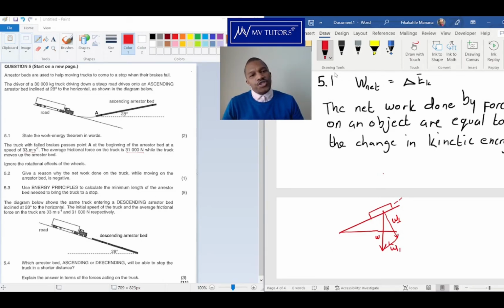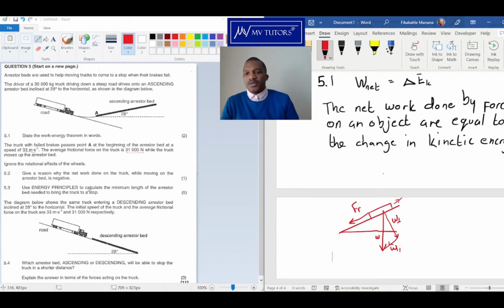Cool. So motion is going up, which means friction is going in the opposite direction. So we've got the force of friction like that.